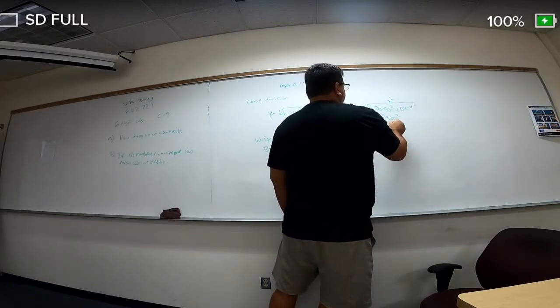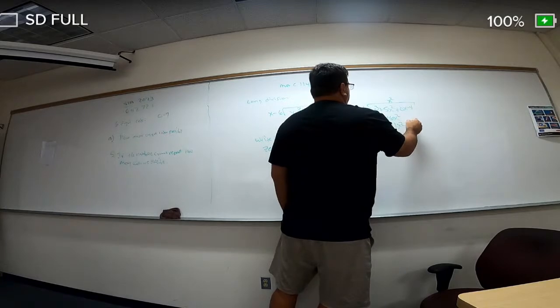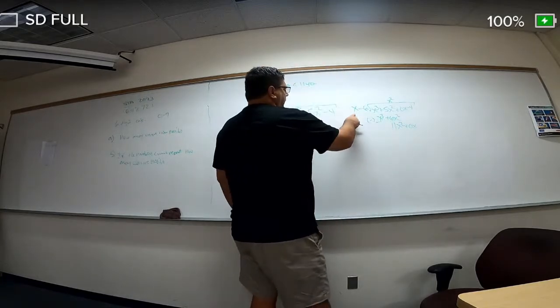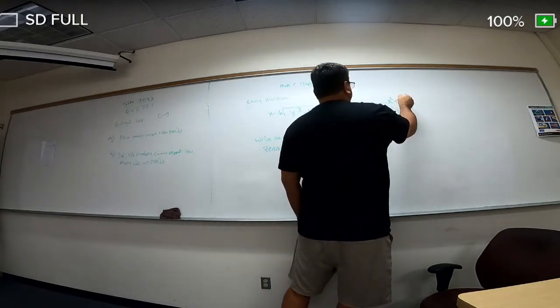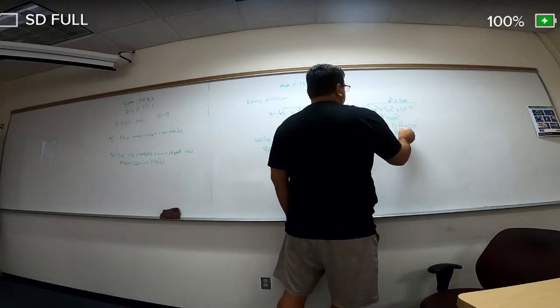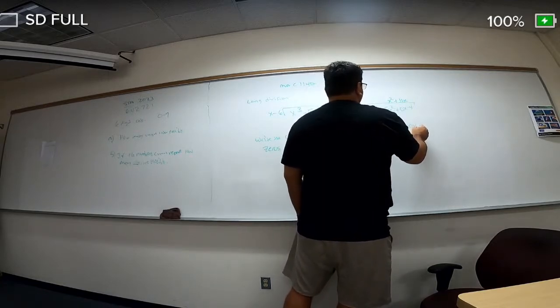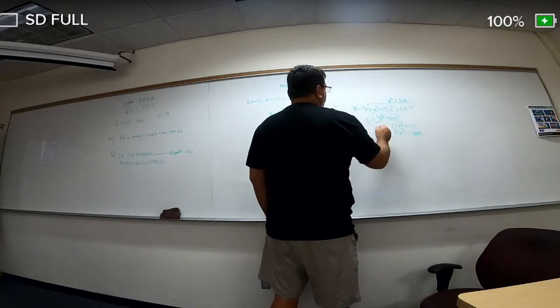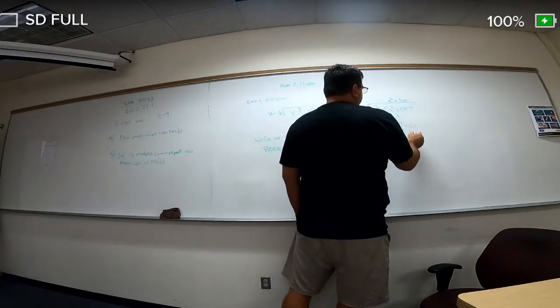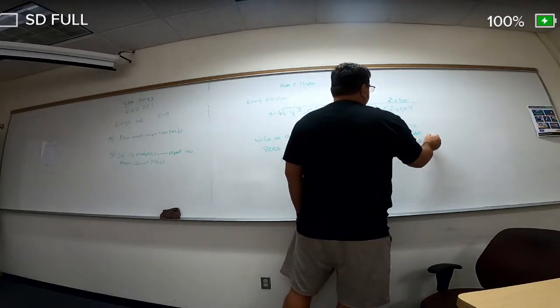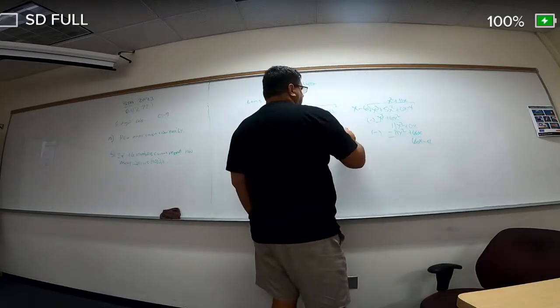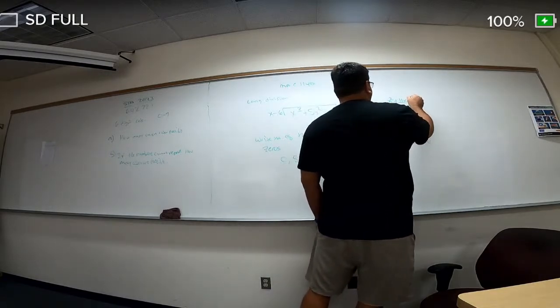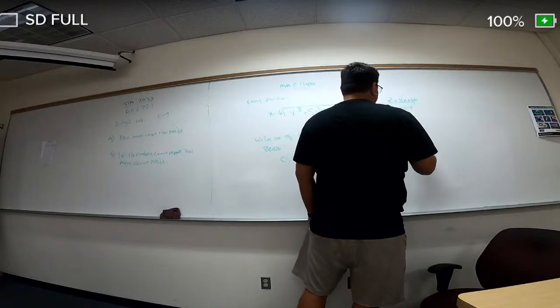This becomes a plus. This is 11x squared. X goes into 11x squared, 11x times. When you subtract, this becomes negative, this becomes positive. X goes into 66x, 66 times.